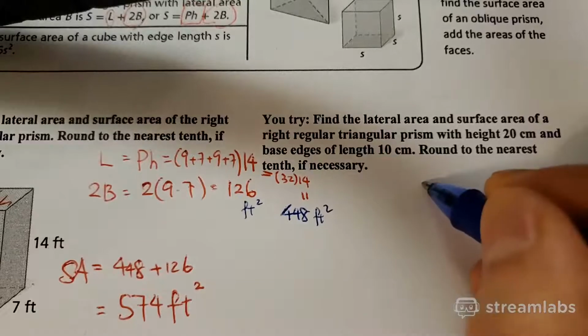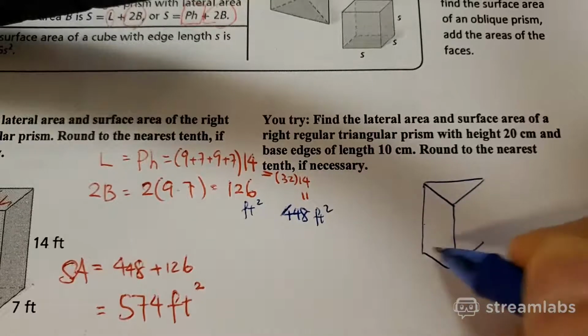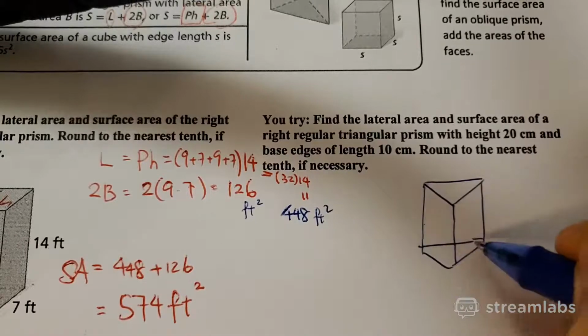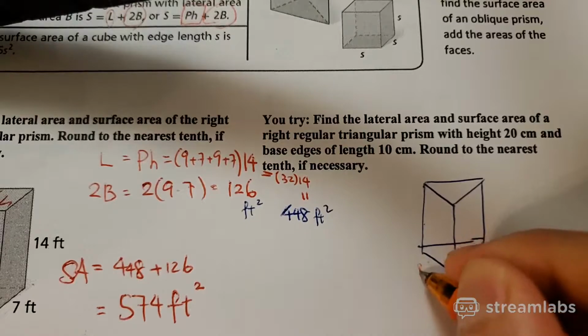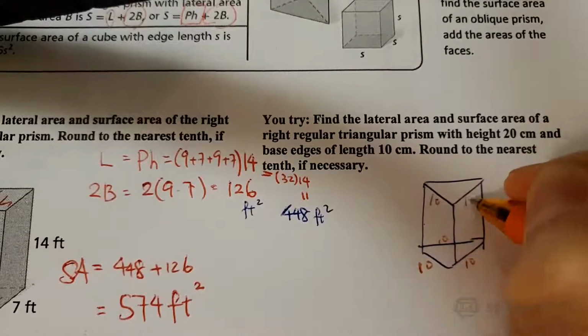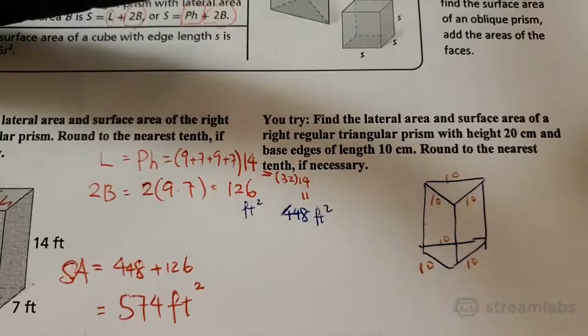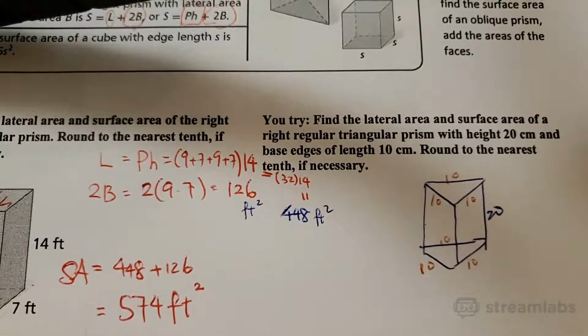Right, regular triangular prism, that means the base is an equilateral triangle. So the base edge length is 10, height is 20, like that.